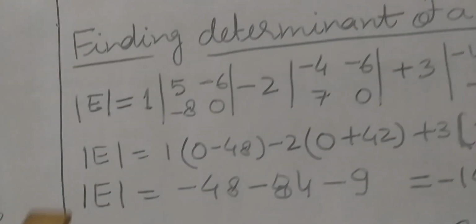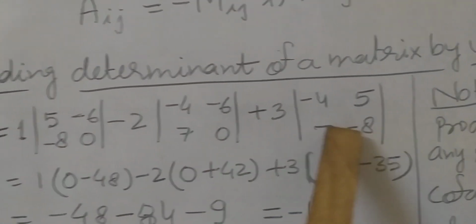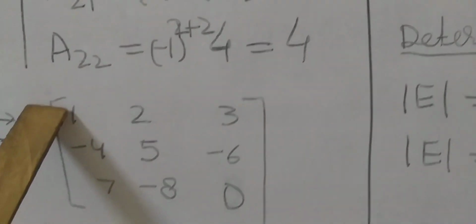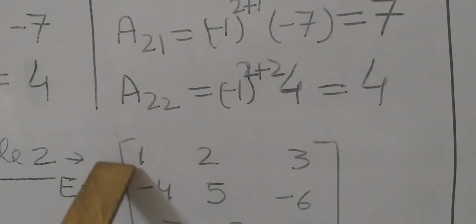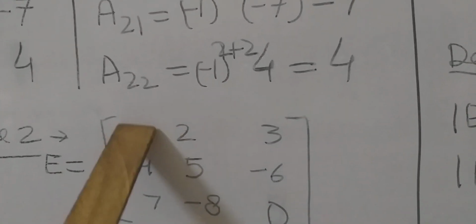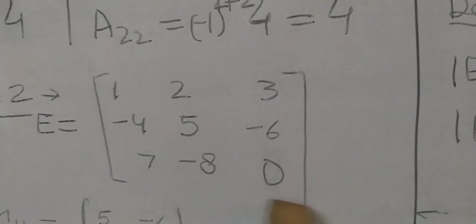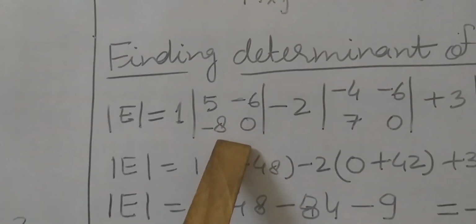So here you can see, students, I am going to find the determinant of the matrix by expanding it along the first row. So 1 is as it is, delete its row and column, the left values are written here.